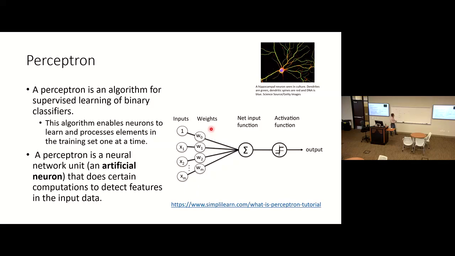So we have a single number here, and then this will pass into a function called the activation function. This function basically gives a transformation of this single number. There are different forms of the activation function.